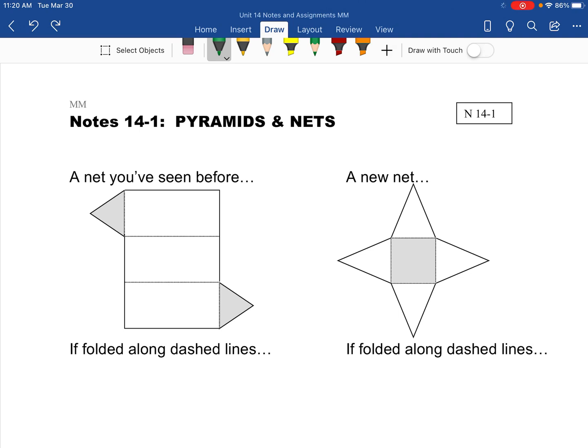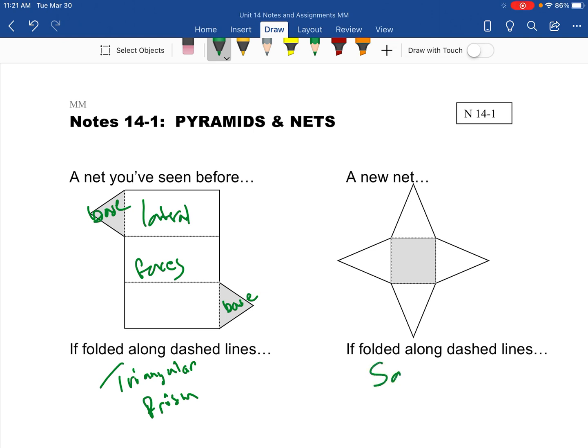So here is a net of a prism that you've seen here on the left. This is a triangular prism. The triangles are the bases, and the rectangles are our lateral faces. Now let's look at a net of a pyramid.